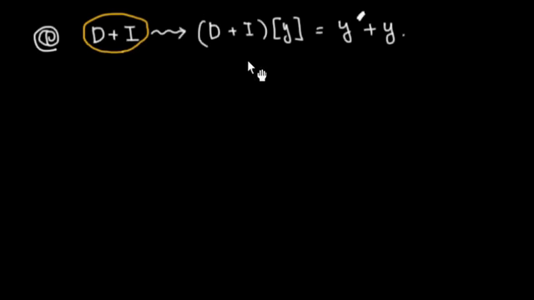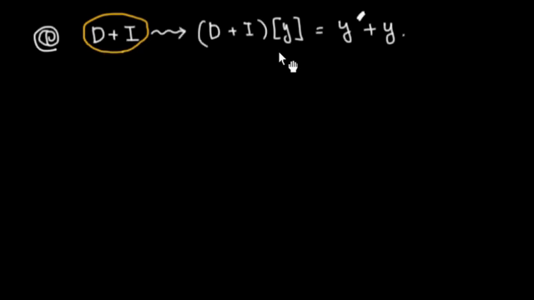To give a meaning, you just have to explain how this one operates on a function. Given a function y, first you differentiate it and add the result of the second operator, which does nothing to that function. So this operator D plus I, given a function, gives y prime plus y.